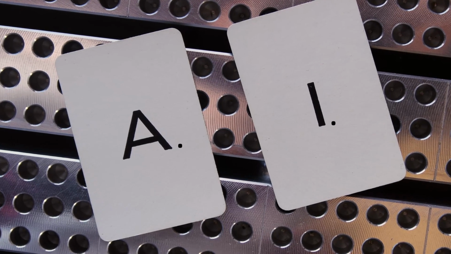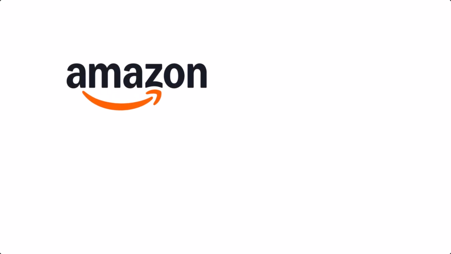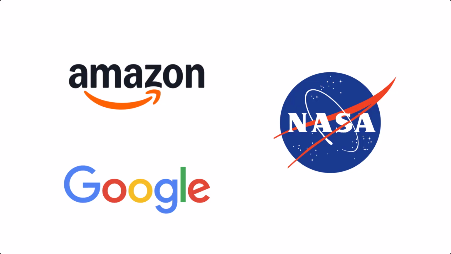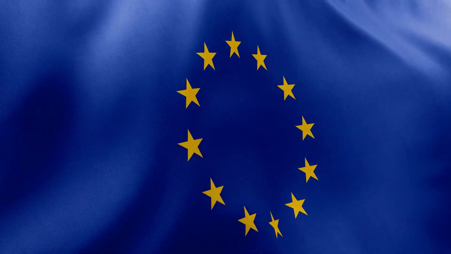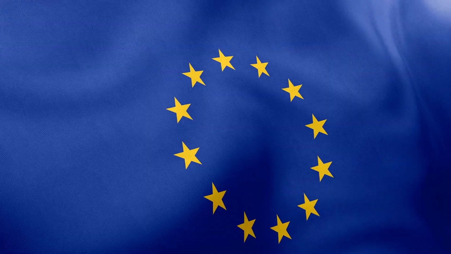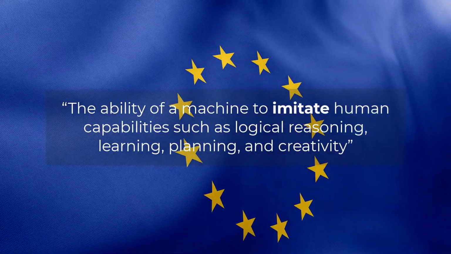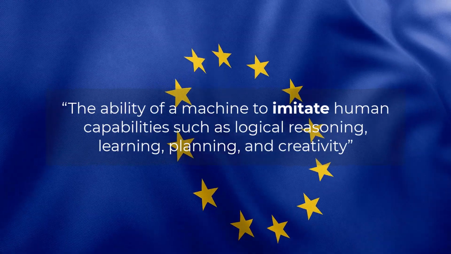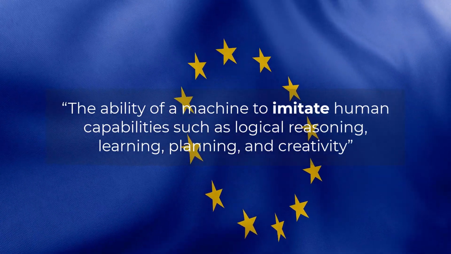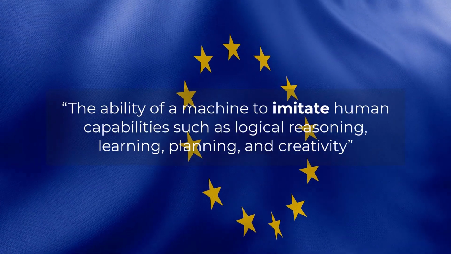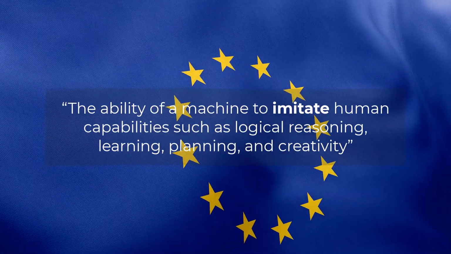First, what is AI? Lots of organizations, including Amazon, Google, NASA, have come up with their own definitions of AI. But we like the European Union Parliament's best. They define AI as, quote, the ability of a machine to imitate human capabilities, such as logical reasoning, learning, planning, and creativity, unquote.